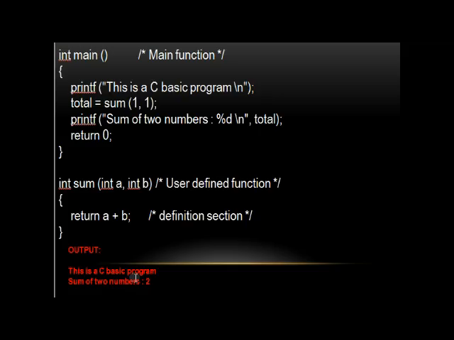Next we have the main function. Everybody knows that every C program must have one main function section. This main function section contains two parts: the declaration part and the executable part. The declaration part declares all the variables used in the executable part.